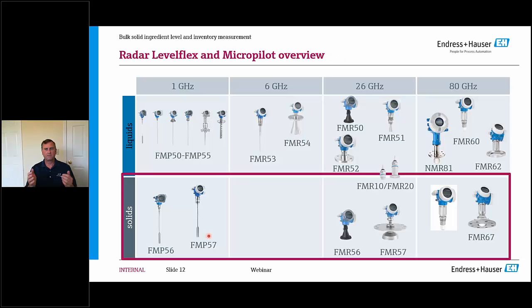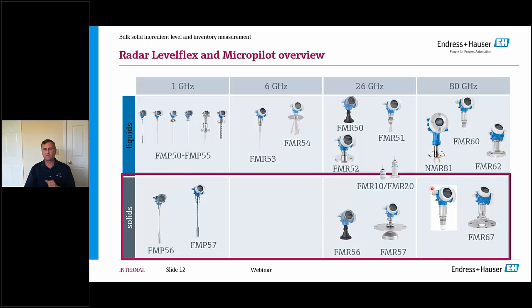So if we look at what we offer from the Endress+Hauser side on guided wave as well as free space radar, for liquids there's a large full basket, everything from basic level measurement all the way up to tank gauging applications with very, very high accuracy. But as we're looking at solids here today, we have essentially 2 versions for guided wave radar, and a couple of options for free space radar.